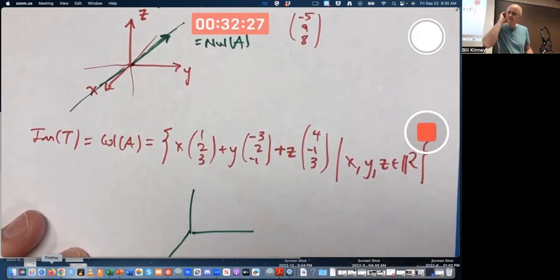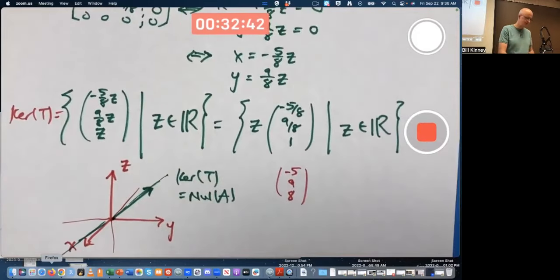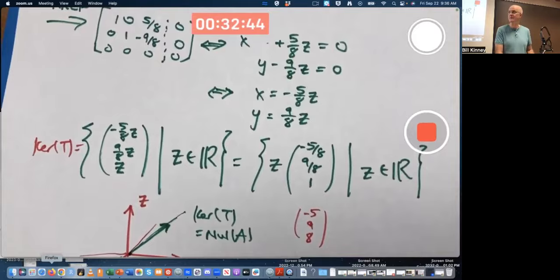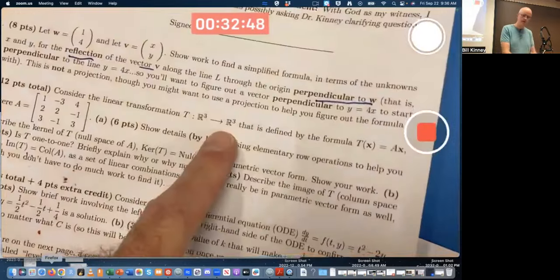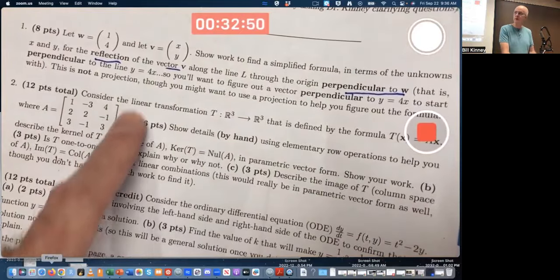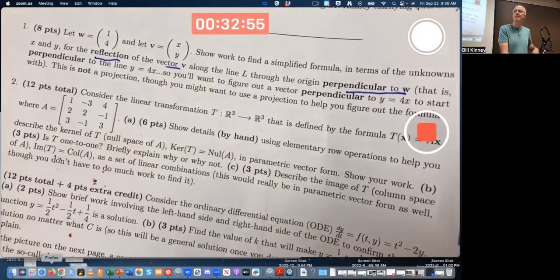Say it again. Since the image is 2D, well, yeah, but you're using the fact that it's not onto, and I didn't ask you about that when you say that. The outputs of this transformation are 3-dimensional vectors. They are in R3. You've got a 3x3 matrix that gets multiplied by a 3-dimensional vector, so you're going to get a 3-dimensional vector.